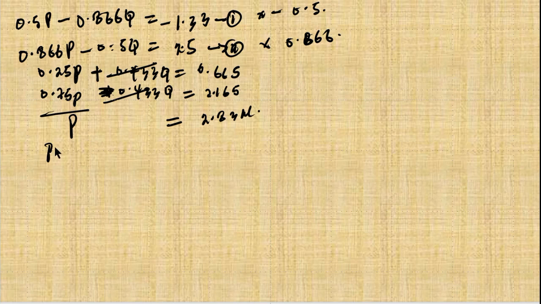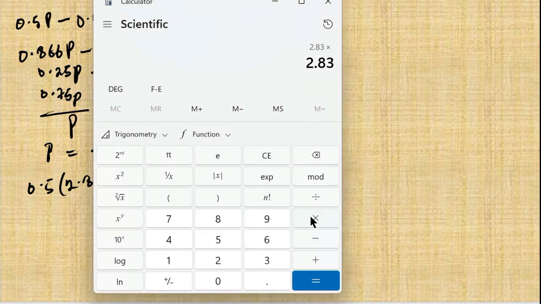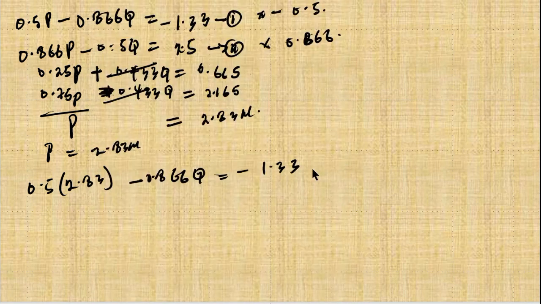Now, if P is equal to 2.83 Newton, I'm substituting into equation 1: 0.5 times 2.83 Newton minus 0.866Q is equal to minus 1.33. 0.5 times 2.83 should be 1.415.